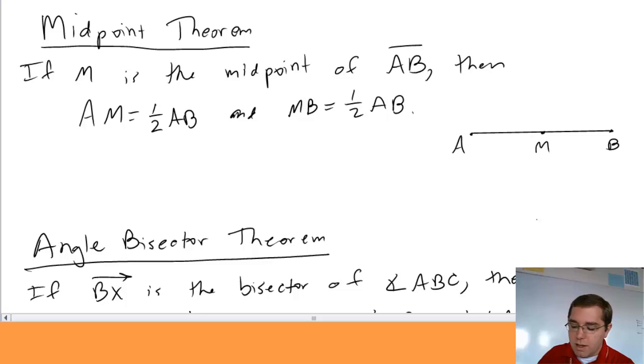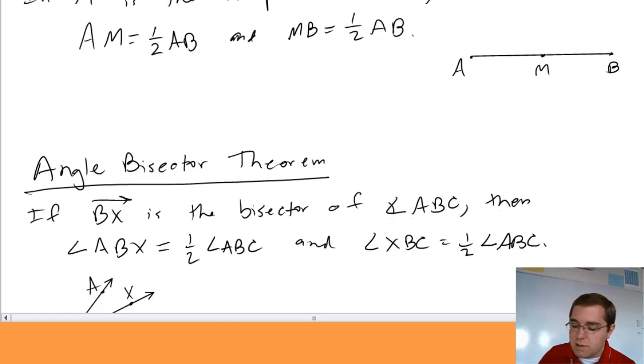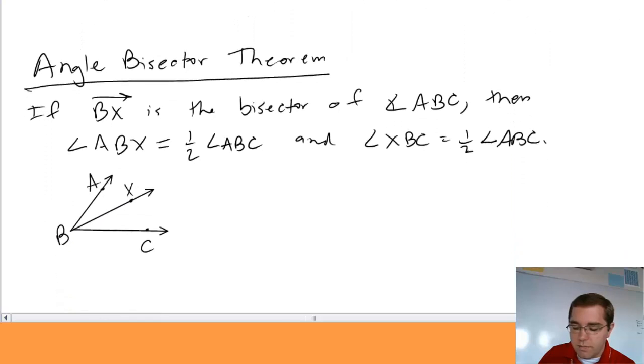So AM should be half of AB, and it also says MB is half of AB. So a midpoint is dividing a segment into 2 halves, is essentially what the midpoint theorem tells us. Okay? We will review a proof of that in class. We'll look at that in the book. But that's saying a midpoint divides a segment into 2 equal halves. 2 smaller segments that are half of the whole segment.